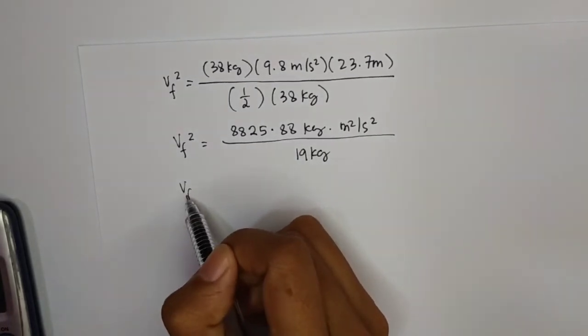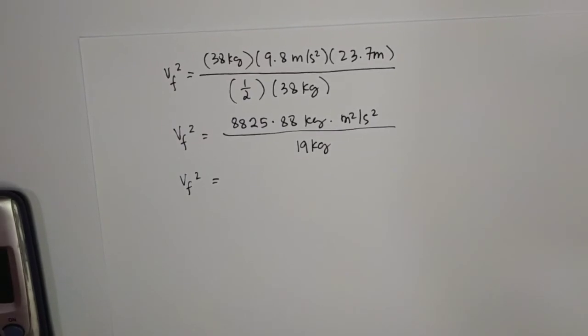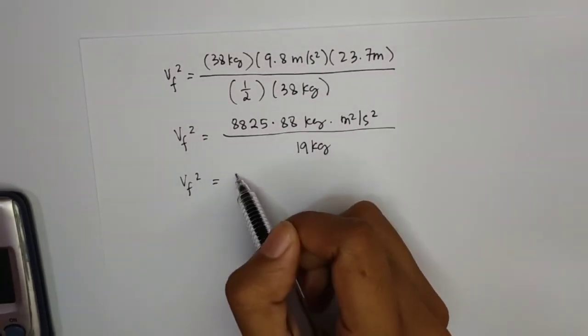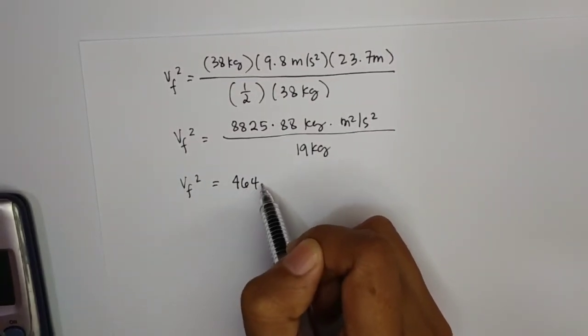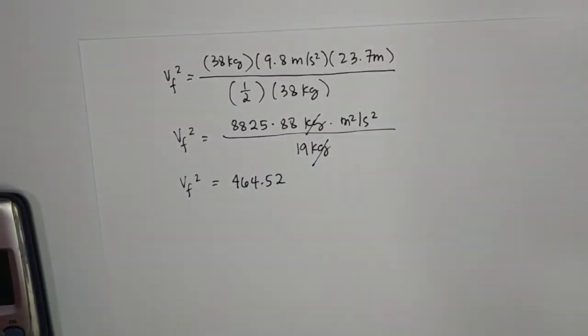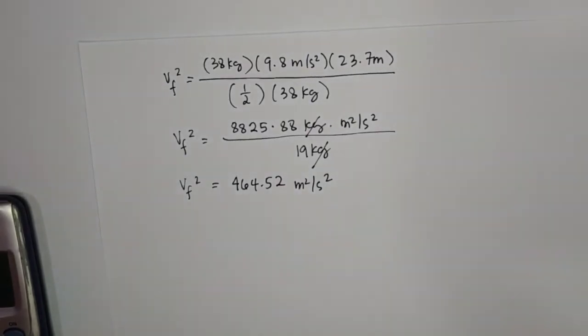So velocity final squared is equal now, divide natin ito. 8,825.88 divided by 19 is 464.52. Okay, ma-cancel out na itong kilogram kasi ma-divide na natin siya. It will be meter squared per second squared.